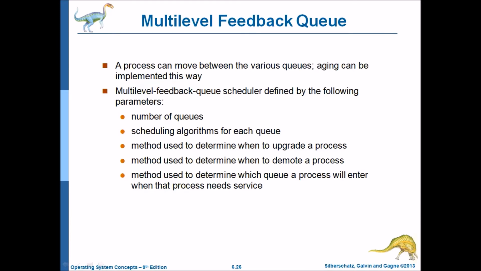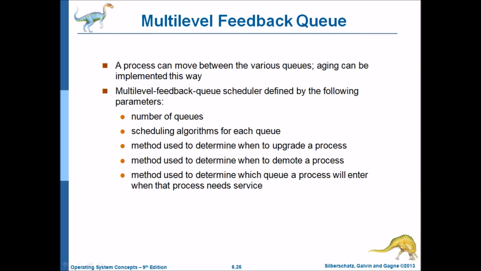Aging can also be incorporated so that a job that has waited for a long time can get bumped up into a higher priority queue for a while. Multi-level feedback queues are the most flexible because they can be tuned for any situation, but they are also the most complex to implement because of all the adjustable parameters.